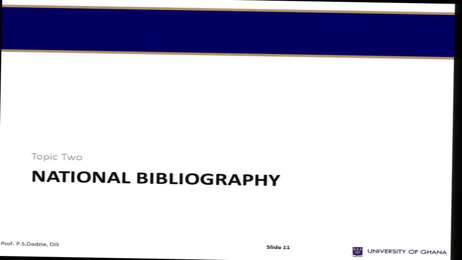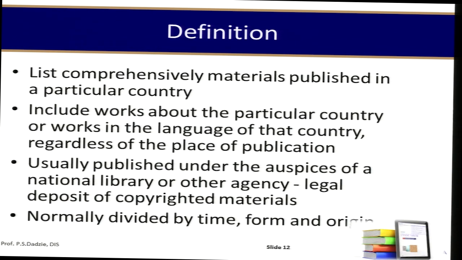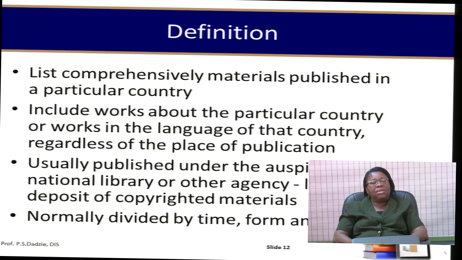Let's start with national bibliographies. What are they? National bibliographies list comprehensively materials published in a particular country. Once the material is coming from a particular country, such as Ghana, it lists materials published in the languages of that country. For instance, in the Ghana National Bibliography, we have titles in Ga, in Twi, in Ewe, in the local languages of the particular country.